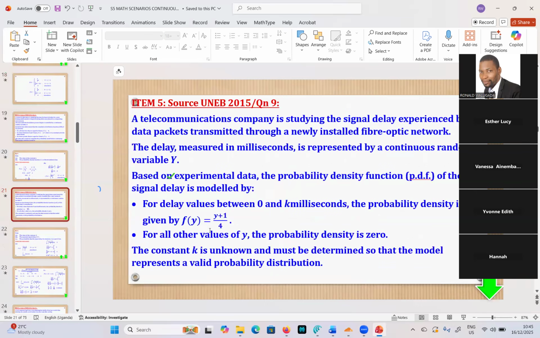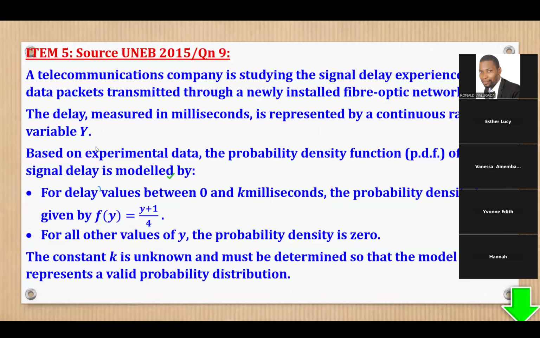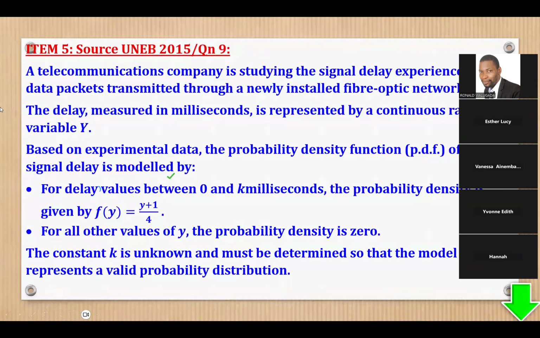So now we can try item 5. Item 5 says, it was from 2015. A telecommunications company is studying the signal delay experienced by data packets. Those in ICT study these words, data packets, bits, but if not, don't mind.